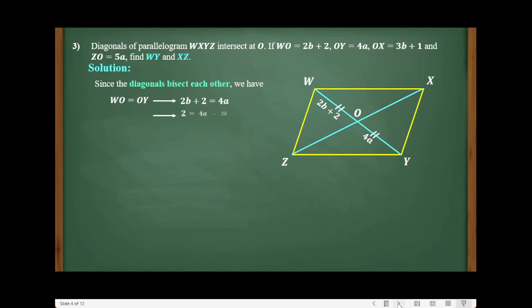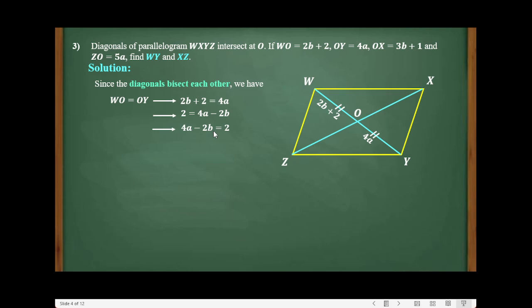Then, for the other diagonal, okay, first we rewrite this formed equation into the form of 4A minus 2B equals 2, meaning we isolate those terms in terms of A and B and put them on the left side, and we retain the constant term on the right side.